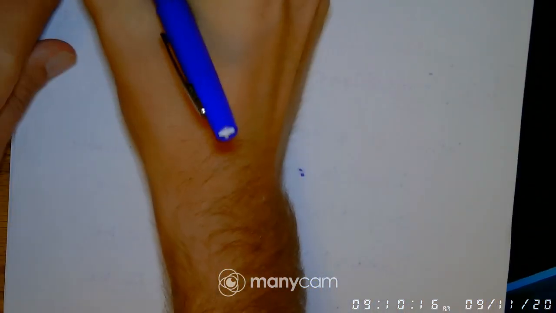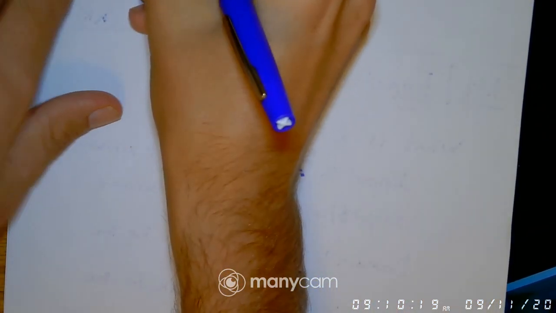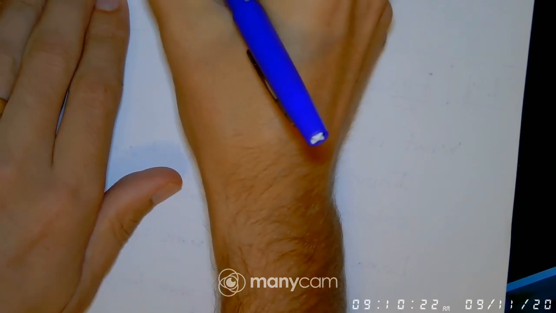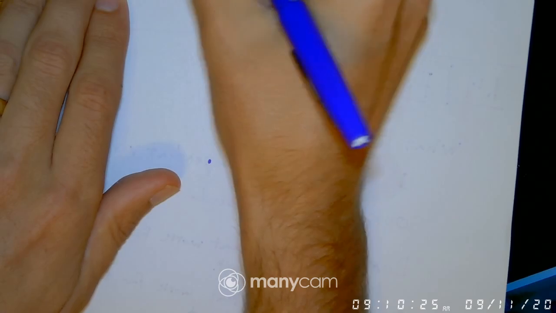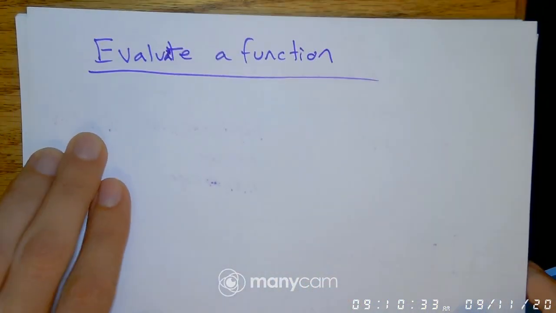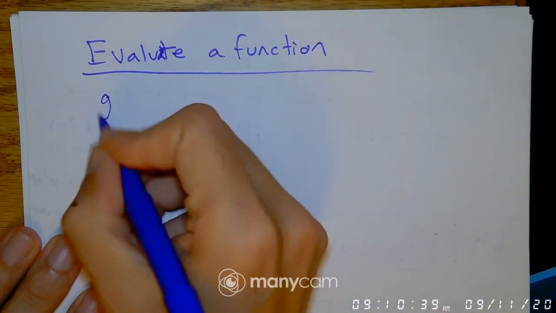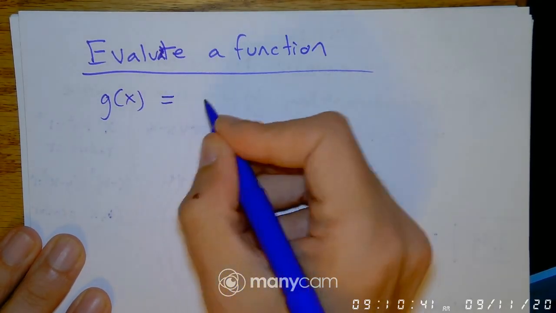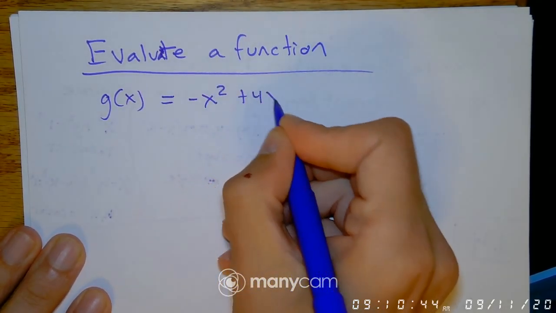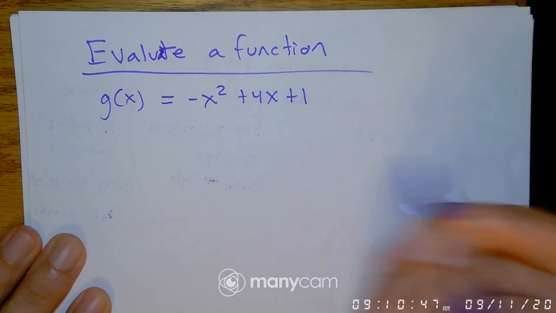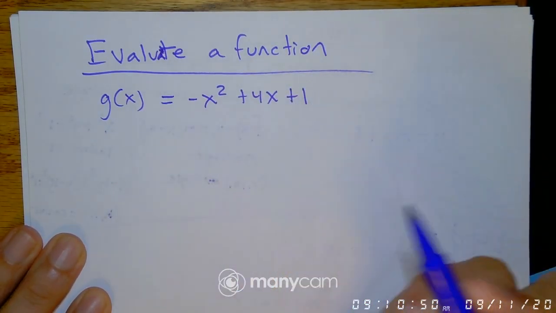All right. So where am I going to next? Okay, so make sure you can evaluate a function. The reason why I'm talking about this is we're using function notation. So let's say I have g of x equals negative x squared plus 4x plus 1. Okay, so again, using function notation.